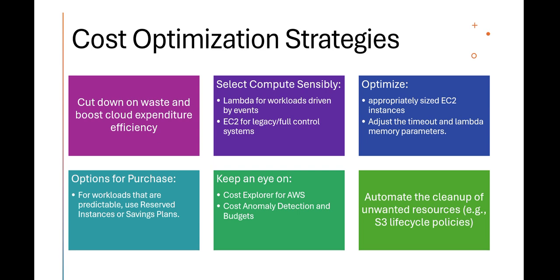For purchase options, for workloads that are predictable, use reserved instances or Savings Plans. Keep an eye on AWS Cost Explorer, cost anomaly detection, and budgets. Automate the cleanup of unwanted resources, for example S3 lifecycle policies.